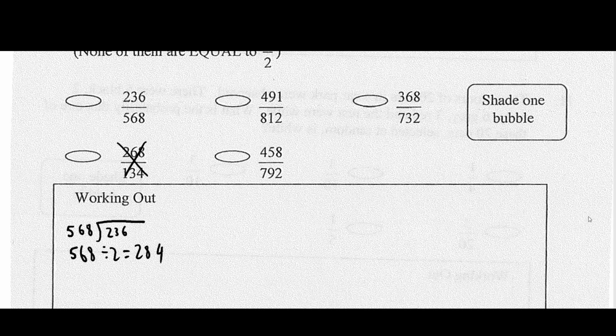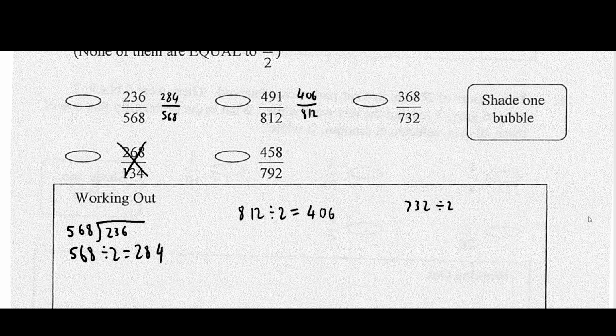So for this it had to be 284. All right, so that needs to be 284 over 568 to be close to a half. Yeah, 812 divided by 2 leaves us with 406. That had to be 406 over 812.